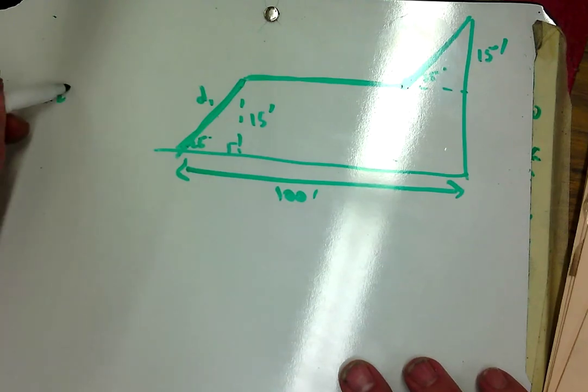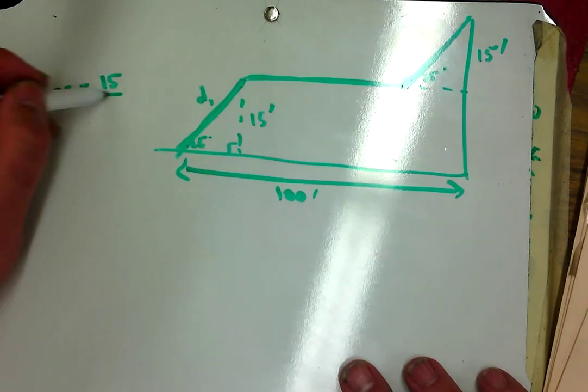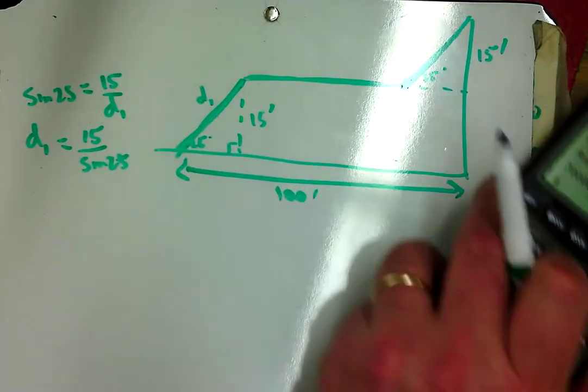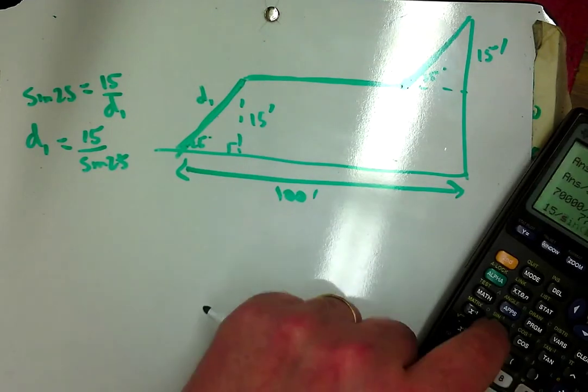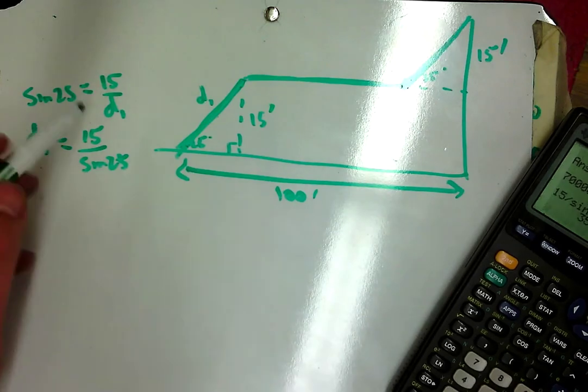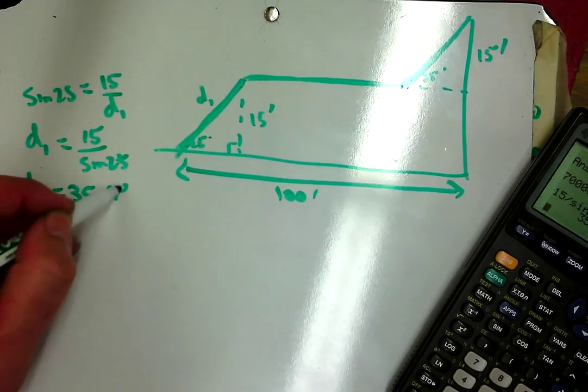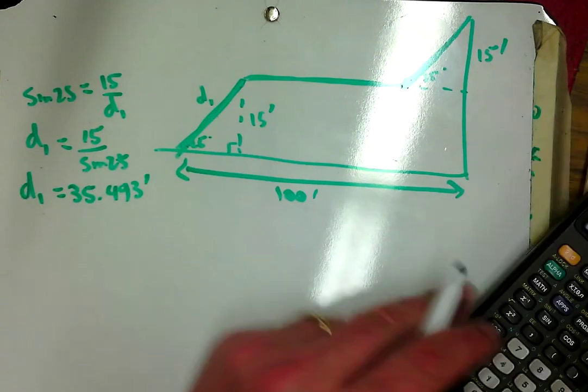So the sine of 25 is 15 over D1. D1 is 15 over sine 25. 15 divided by sine 25. I get D1 equals 35.493 feet.